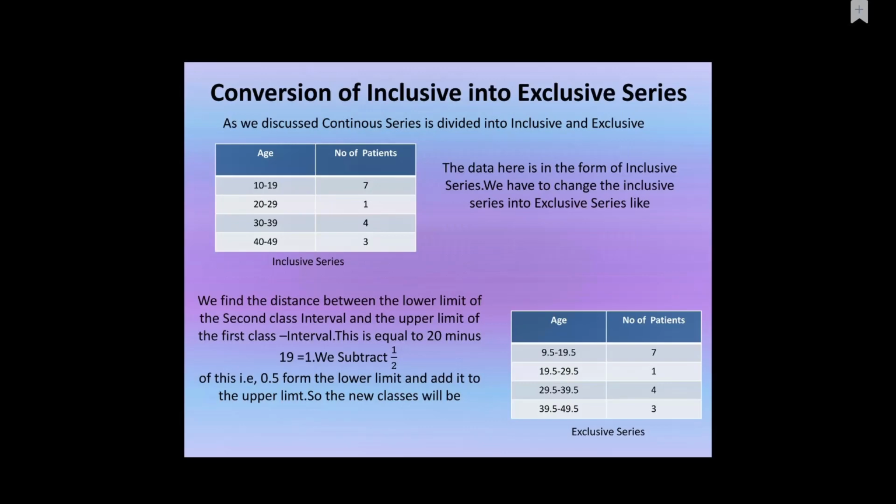How can we convert the data into exclusive classes? First, we reduce 0.5 from the lower limit. Here the first class lower limit is 10, so when we reduce 0.5, the number will be 9.5. Then we add 0.5 to the upper limit, that is 19.5.